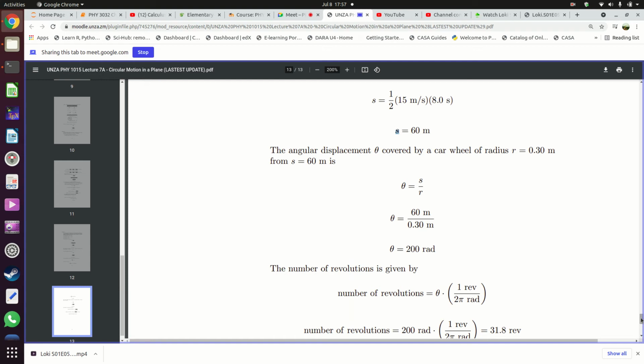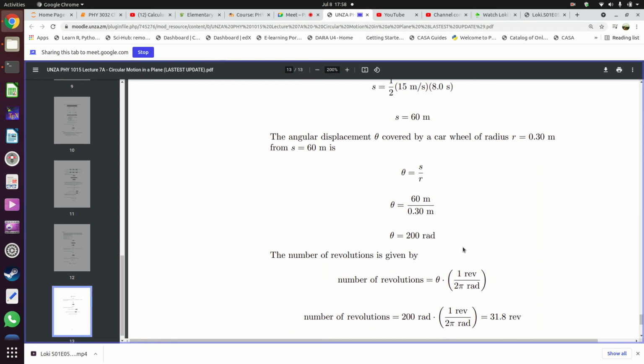Because you think you're doing the right things, but because you're not using any units, there's nothing to guide you as you're doing this gymnastics of going back and forth from meters to radians. Here I know it's radians because I've cancelled the meters and meters. That's how I know that it's going to be radians. If you cancel out the meters, what you remain with are radians.